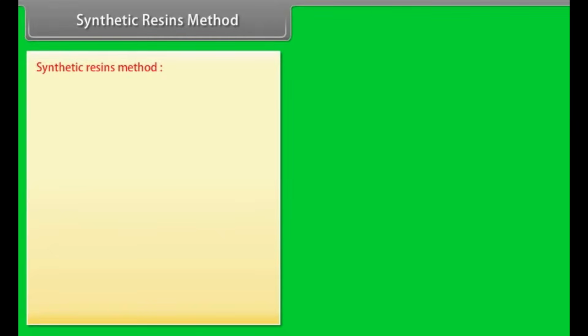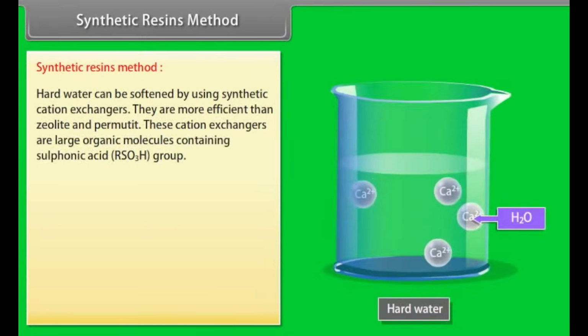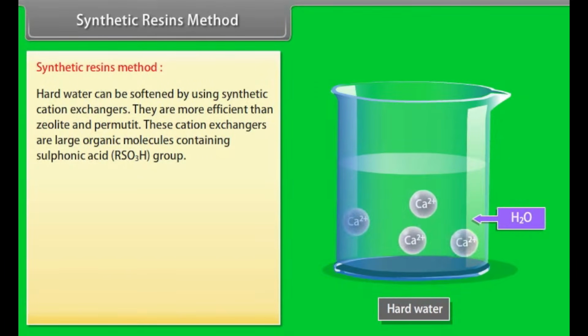Synthetic resins method. Hard water can be softened by using synthetic cation exchangers. They are more efficient than zeolite and permutit. These cation exchangers are large organic molecules containing the sulfonic acid, RSO3H group.